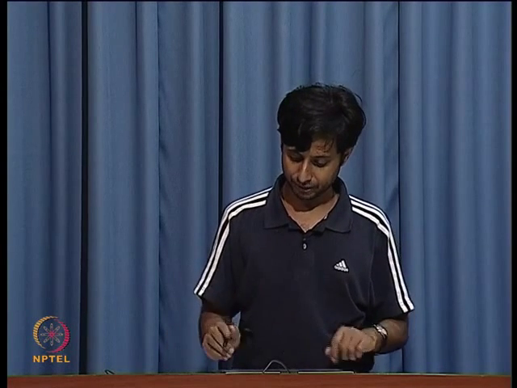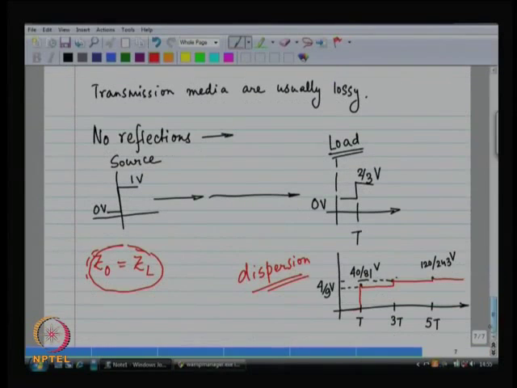So, that is the second tier of what you can do. First we would like to have ZL equal to Z naught, then we would also like ZS to be equal to Z naught. This is also something good, not the most important, the second most important.